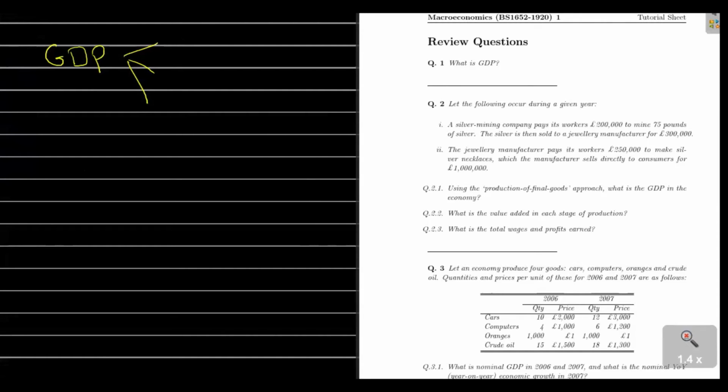You could look at the final product or final goods, which basically means just looking at the value added, okay? Or you could add up all incomes in a society, or we could be looking at the expenditure approach.